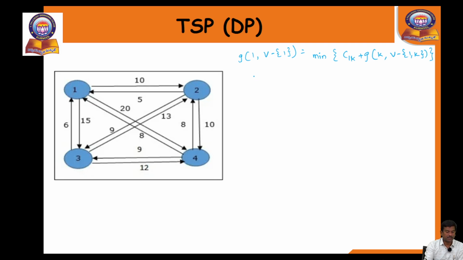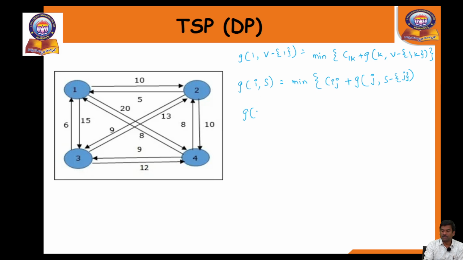And the next one, when you take the general term of the function g(i, S), is given by the minimum of cij plus g(j, S - {j}), excluding that vertex j, because we have included the vertex j and you have to exclude it from the remaining part.